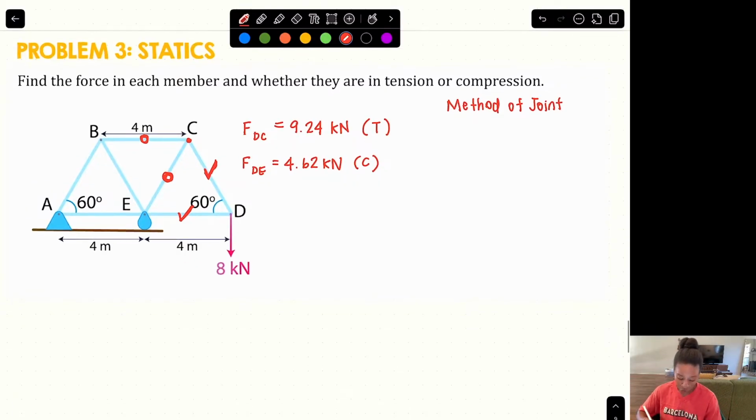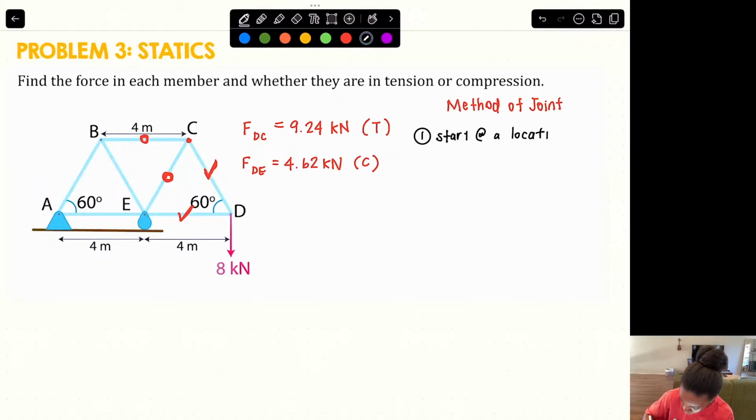So when you're using the method of joints, you want to start at a location with at least one known and up to 2 unknowns.